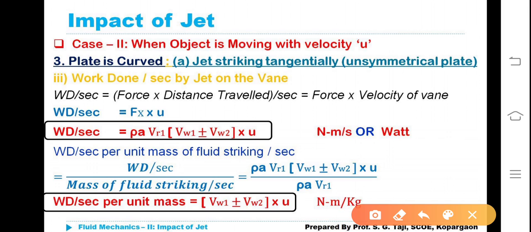In the earlier step it was Newton meter per second or watt because it was work done per second. Now it is work done per second per unit mass, therefore it becomes Newton meter per kg. So be careful about writing the units and understanding. Here it is without rho A VR1 because we are dividing by the mass of the fluid.